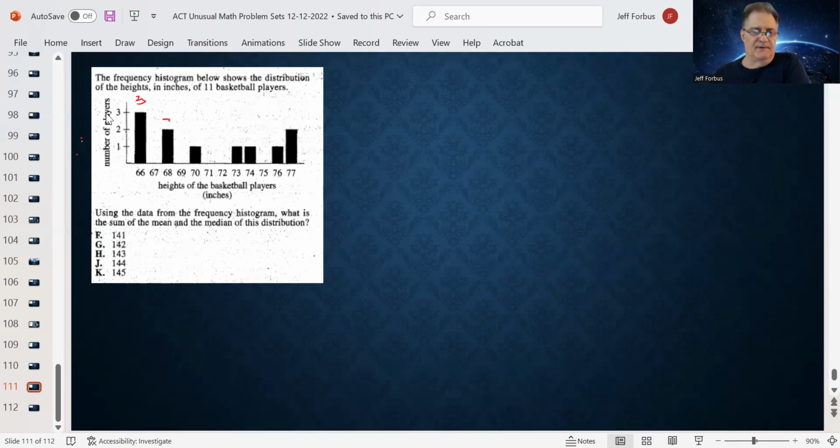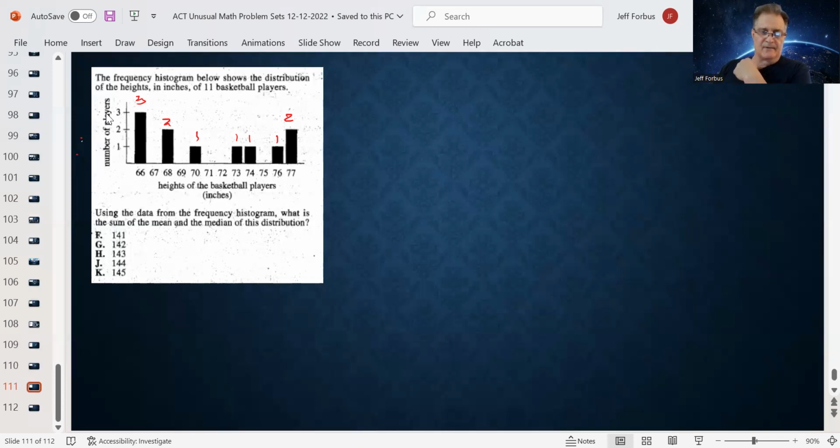There are 2 that are 68. There's one that's 70. There's one that's 73, one that's 74, one that's 76. And there are 2 that are 77. So that's a total of 5, 6, 7, 8, 9, 10, 11. There's 11 total players.